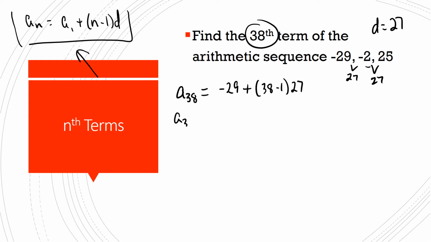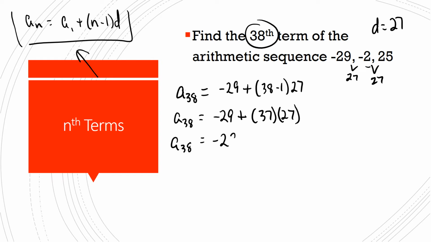So we've got a_38 equals negative 29 plus 38 minus 1, which is 37, times 27, the common difference. Let's see, 37 times 27, what does that equal? That equals 999.